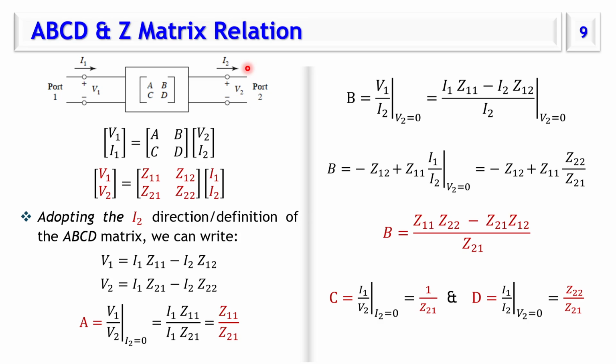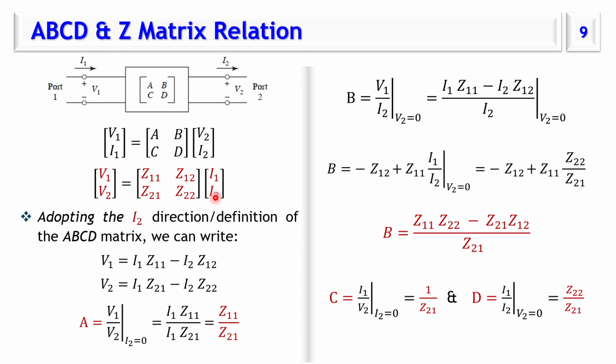But we need to remember that the definition of I2 for the Z matrix is going into port 2. The definition of I2 in the ABCD matrix is going out of port 2. So we need to choose which format we're going to adopt. We're going to adopt the format of the ABCD matrix.